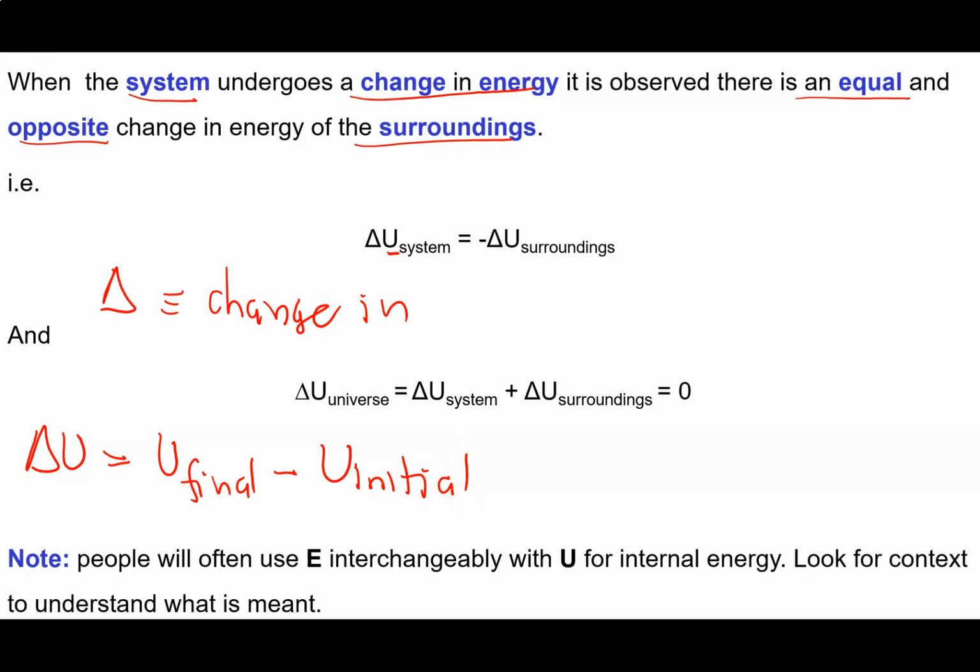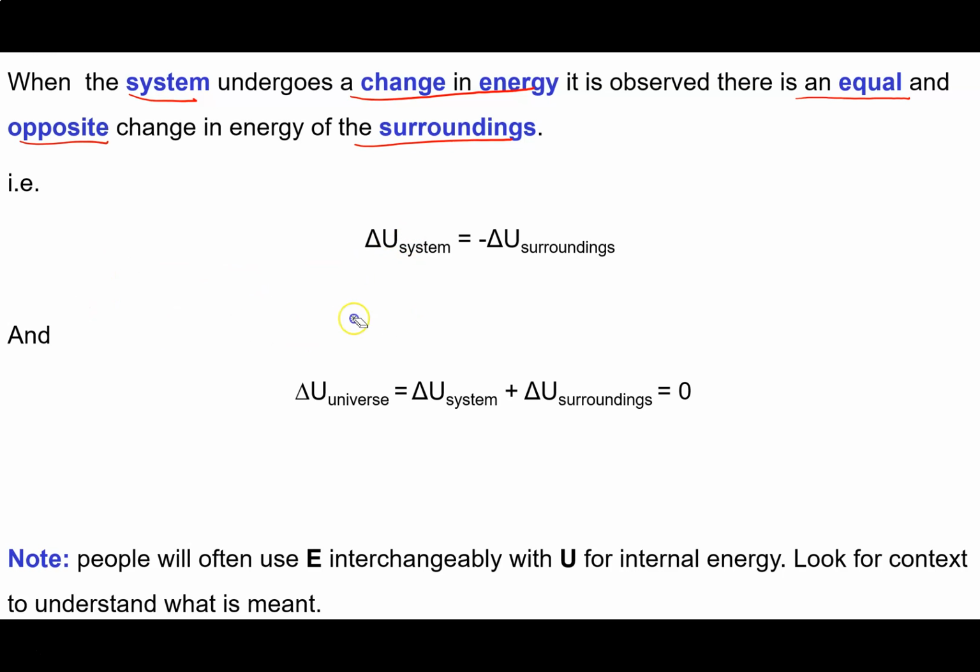Keep that in mind. That's going to be true for any quantity. If I say delta T, I mean T final minus T initial. That's what we mean by the delta of a quantity: its change from the initial state to the final state, and it's always the final minus the initial value.